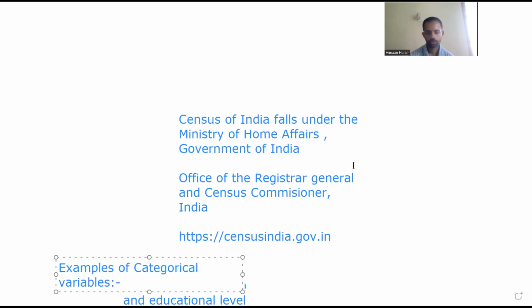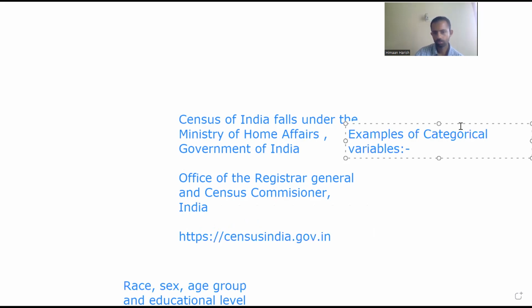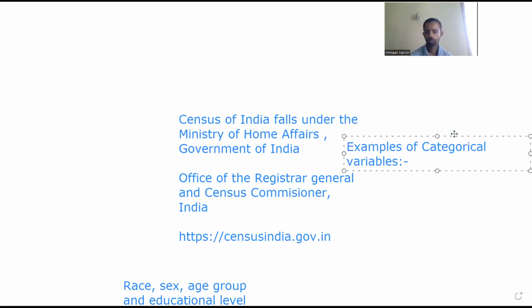So it is education level and anything other than that? Race, sex, education level and age group. What are the age groups under this? Like under 14 years, they would have to get education.